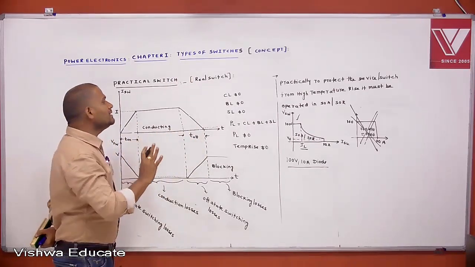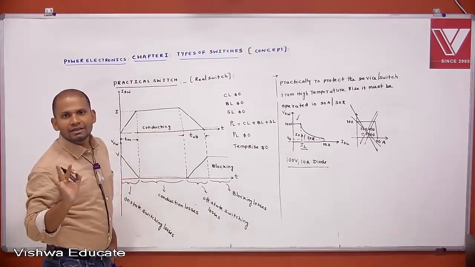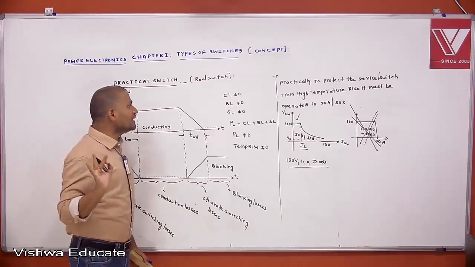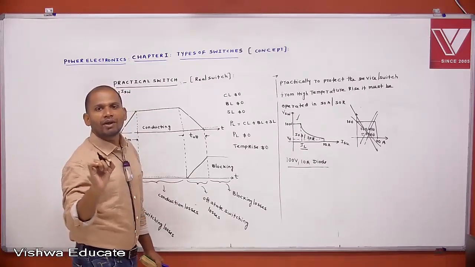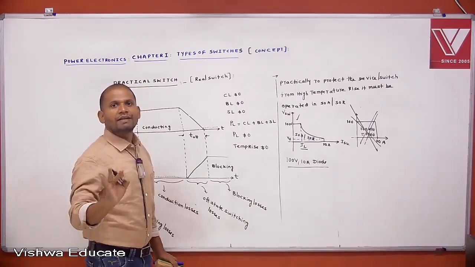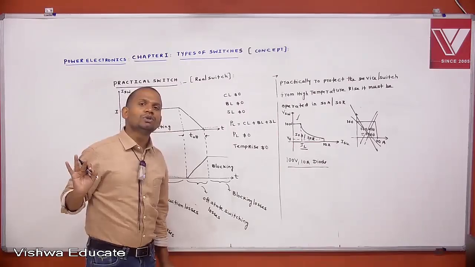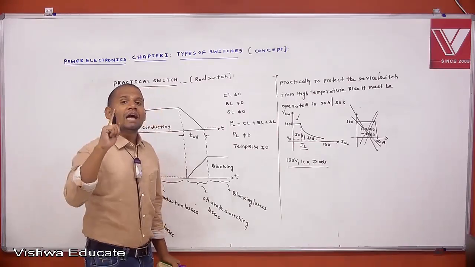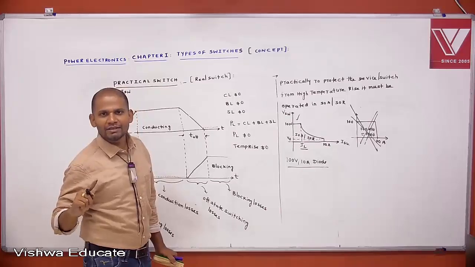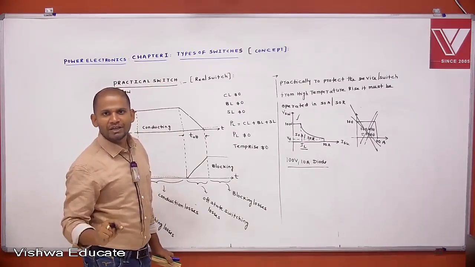That means in a practical switch, conduction losses are not zero, blocking losses are not zero, switching losses are not zero, so power loss is not equal to zero. When the power loss is not equal to zero, the temperature rise is not equal to zero. If the temperature rise is not equal to zero, then during operation, practically, to protect the device from high temperature rise, it must be operated in the safe operating area or safe operating region.